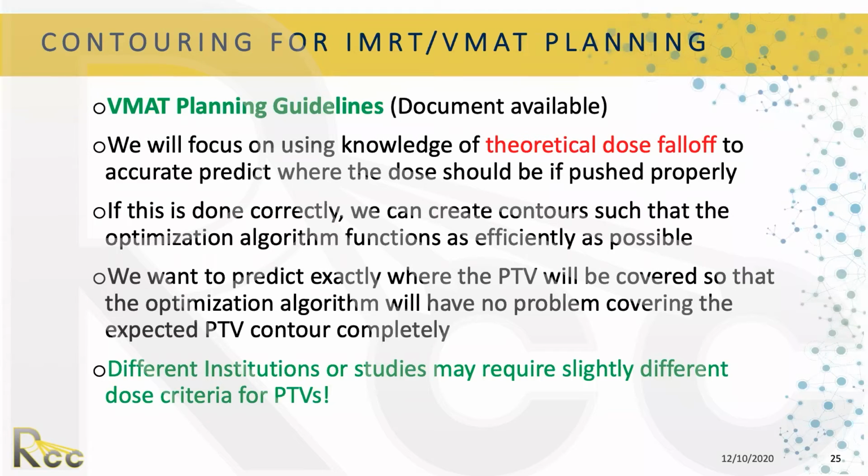We want to predict exactly where the PTV will be covered so that the optimization algorithm will have no problem covering the expected PTV contours completely. And again, different institutions or studies within the institution may require slightly different dose criteria for PTVs. So you also have to follow the dose constraints and prescription, especially for PTVs, that you follow in your institution. But here we're going to try to make it a little general.